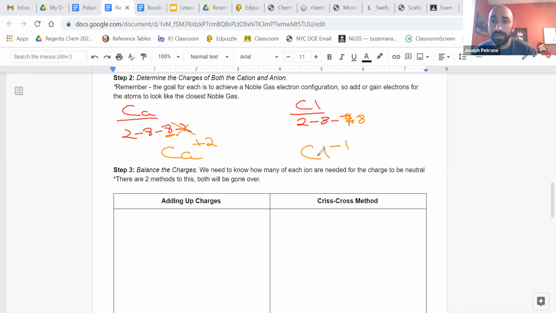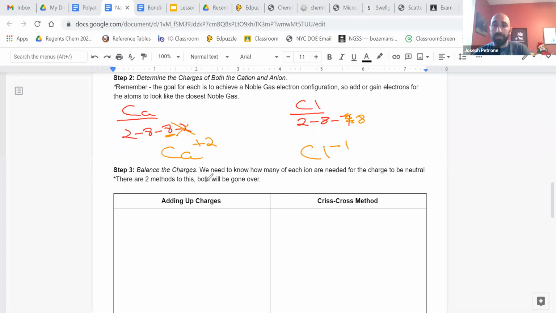Now, there's 2 methods to this. One goes through it in a few more steps and is a little bit slower to work through, and one is a quick method. I've seen students use both, and several students like one, several like the other. So I'm just going to go through both, and you can figure out which one you prefer.